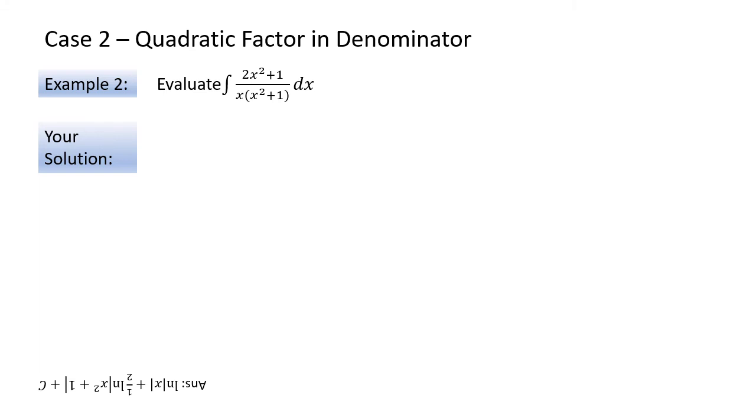So writing it just like we did in the last example, we have 2x squared plus 1 divided by x times x squared plus 1 must be equal to a divided by the first factor, x, plus, and the second factor is a quadratic, so our numerator has to be b times x plus c divided by x squared plus 1.